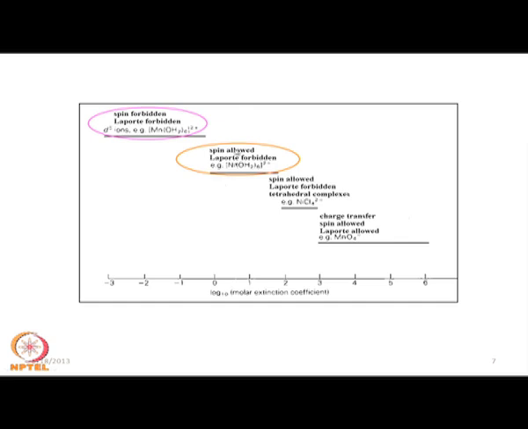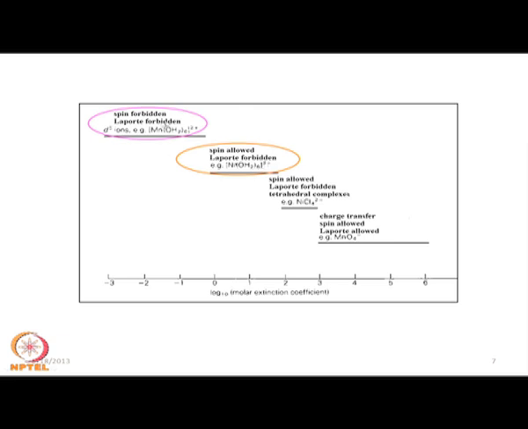But when we move to another octahedral molecule, which is also hexaaqua, nickel hexaaqua 2+, in this particular case the excited level is spin allowed, that means of the same spin type, but again it is a d-d type of transition. So, it is Laporte forbidden.